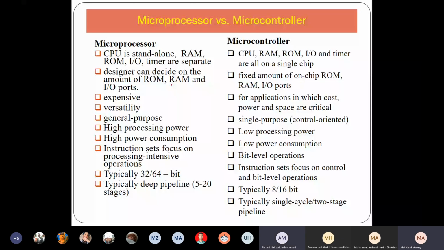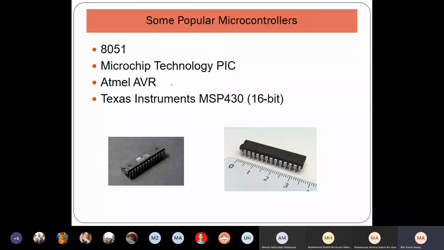These are some popular microcontrollers. 8051. You see, everything is in this one chip. Everything inside there. It's about 3 inches. Even now, it can be even smaller than this. This is old.